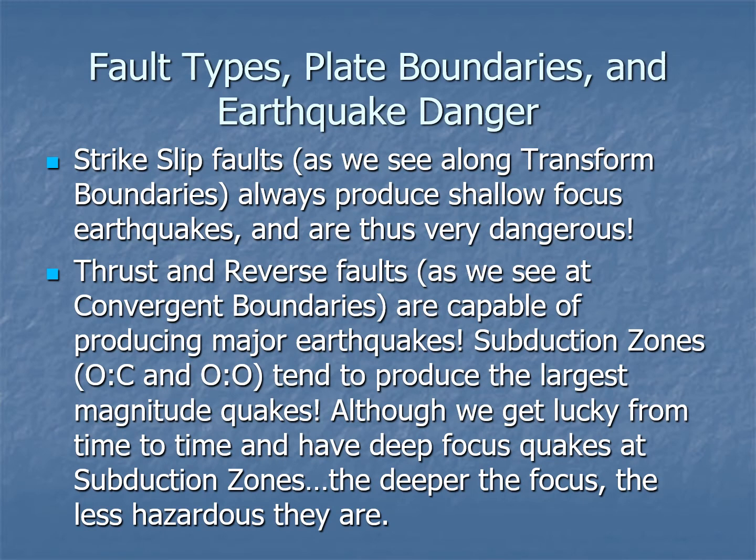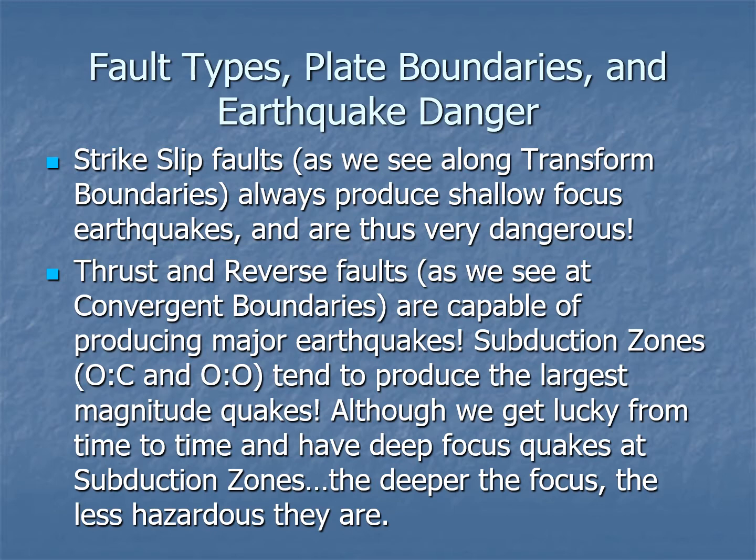Okay, you don't need to write any of this down here, and we did not take time for this in class, but we'll briefly discuss it here. One of the scary things about your strike slip faults is that every earthquake they produce is going to have a shallow focus. And so they're very dangerous. Actually, I think I did write that on the board for our board notes this time.